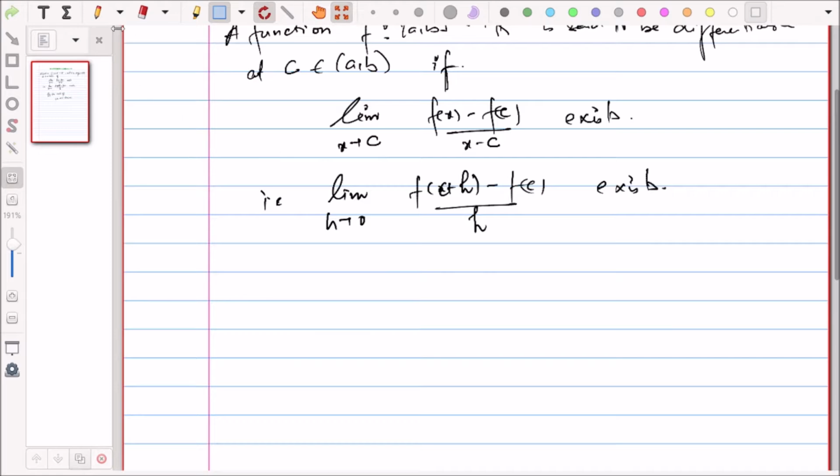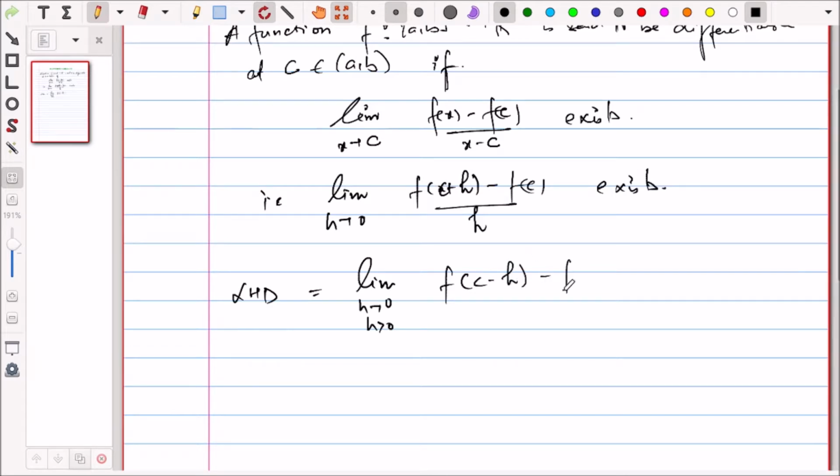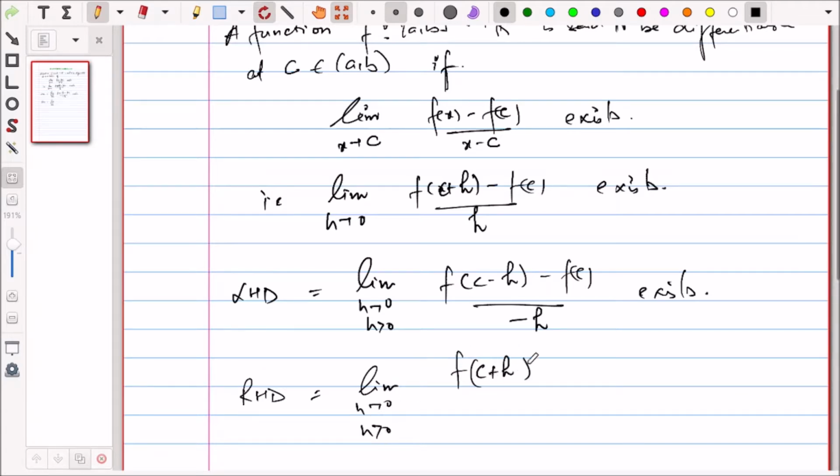So what about this? Its LHL is called LHD, the left hand derivative, which is the limit of (f(c minus h) minus f(c)) upon minus h, and the RHD is the right hand derivative.